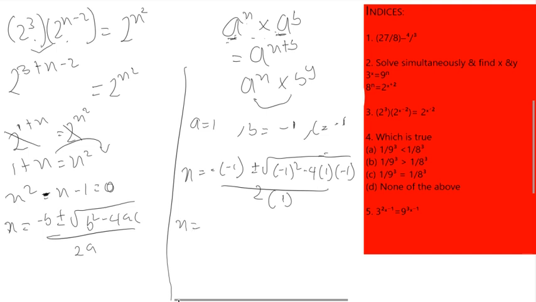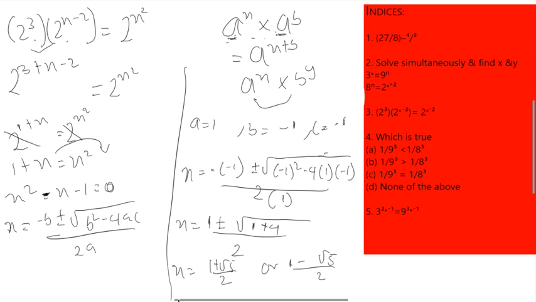So x now will be equal to minus times minus, which is 1, plus or minus our root. We have minus 1 squared, which is going to be 1. Then we have minus 4 times 1 times minus 1. That will give us plus 4, all over 2. So our x will be equal to 1 plus root 5 over 2, or 1 minus root 5 over 2.